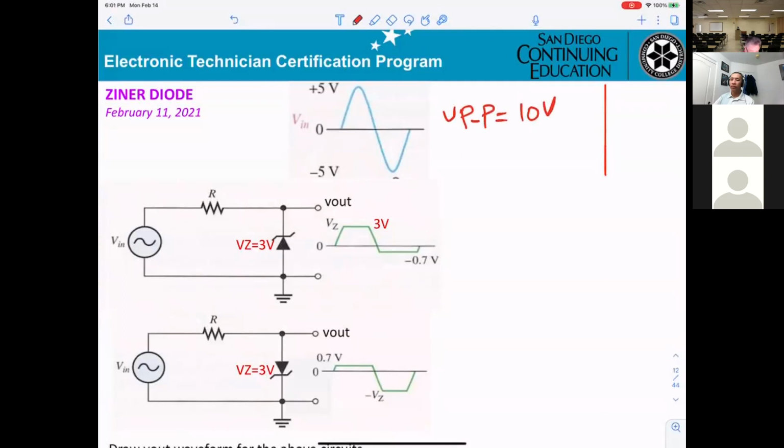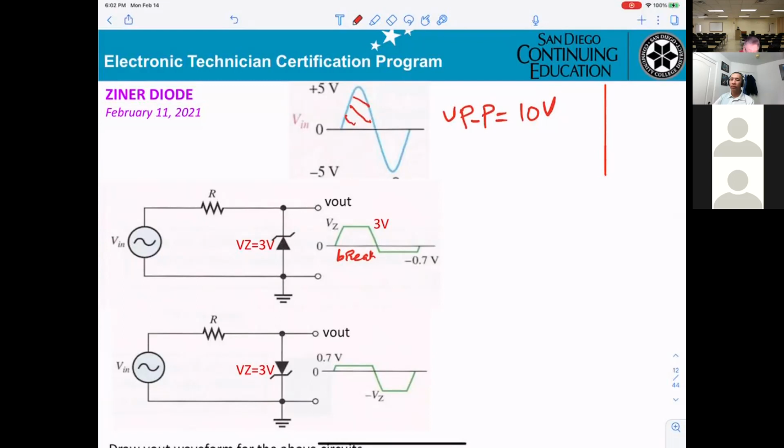Okay. So normally, if you don't have a zener diode, the input and output will be the same. However, when you have a zener diode, for positive you get 5 volts, and 5 volts is higher than the zener's 3 volts, so the zener will be in breakdown. That's why you get 3 volts.